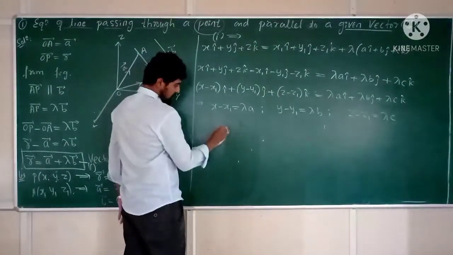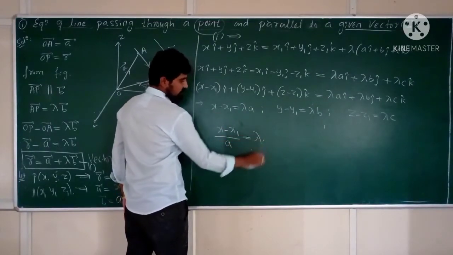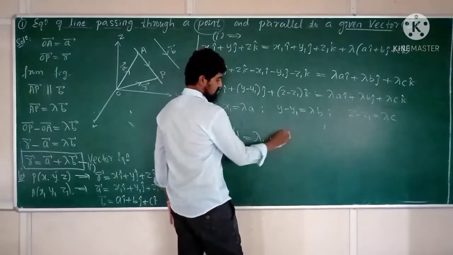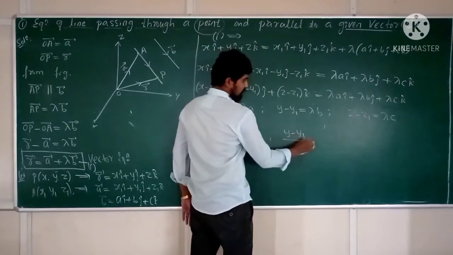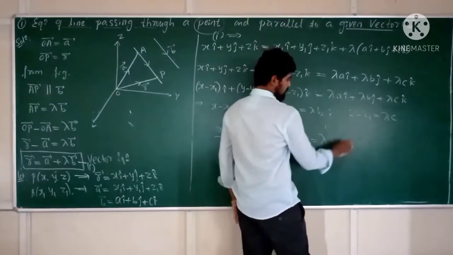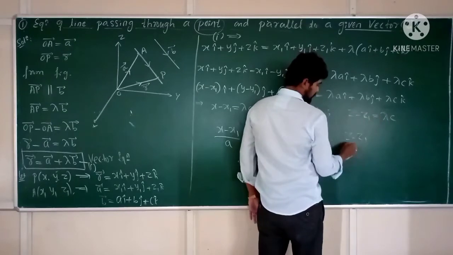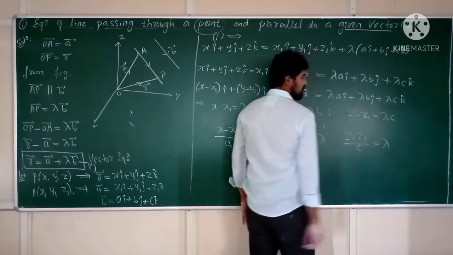So x minus x1 divided by a equals lambda, y minus y1 divided by b equals lambda, and z minus z1 divided by c equals lambda.